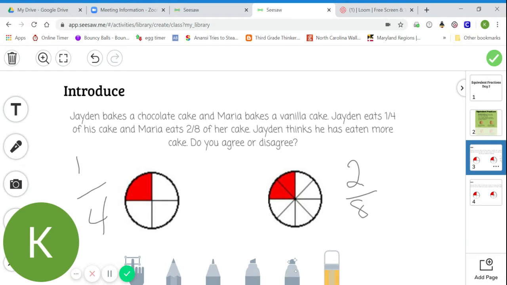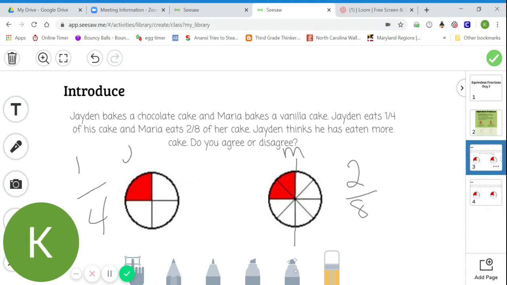Another way we can think about this is actually creating fourths in our second model. So right now, we already know Jaden has fourths. Let's see how we could break Maria's circle into fourths. I'm going to start by cutting it in half and then cutting it in half again.